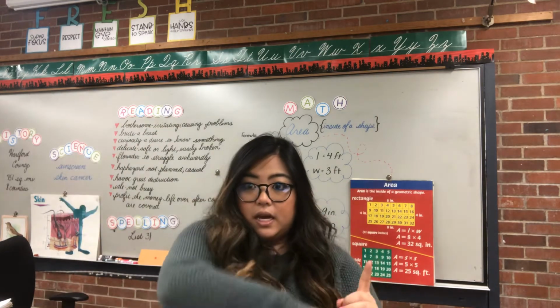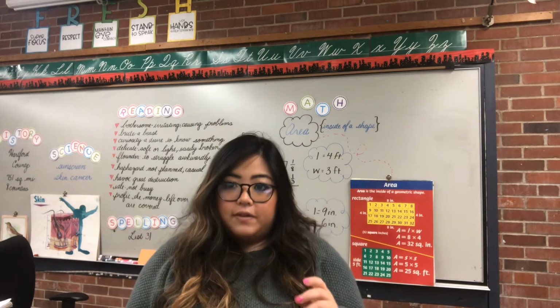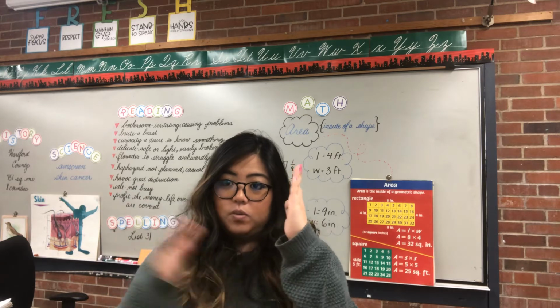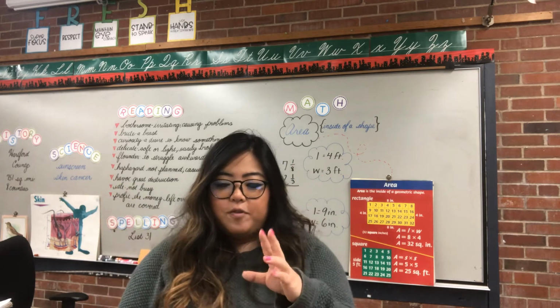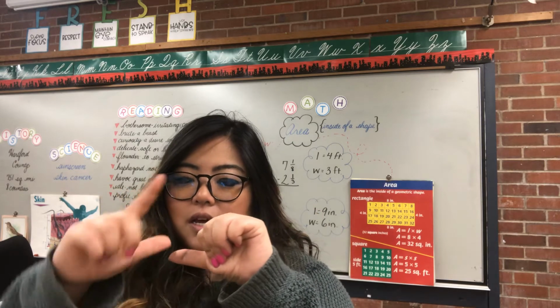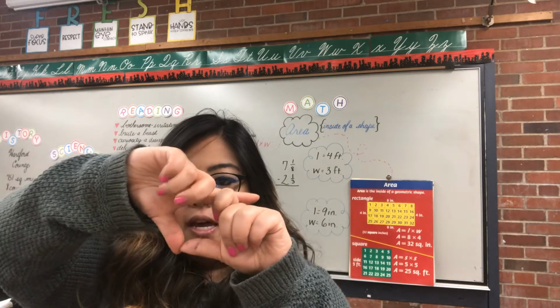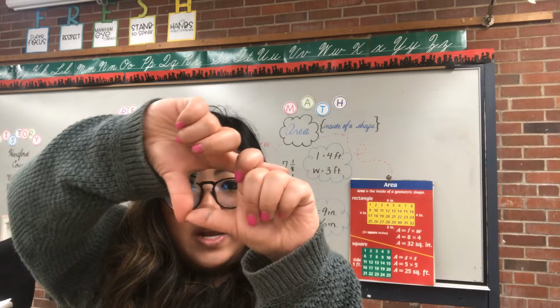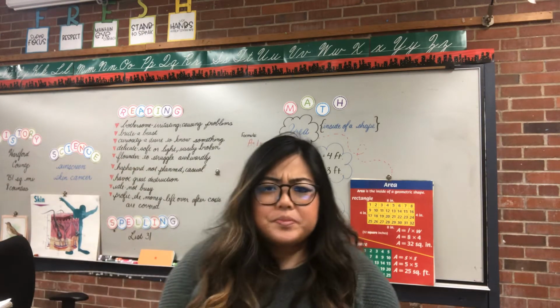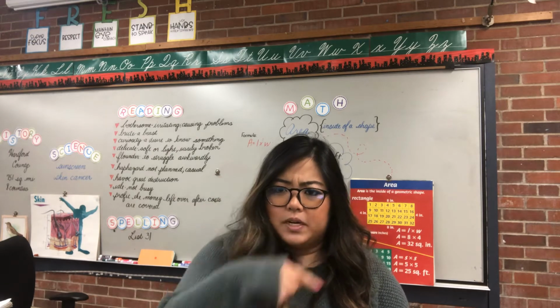That would be your square yard. So if you have a square foot, it would be 1 foot, 1 foot, 1 foot, 1 foot. If it were a square inch, you would have 1 inch by 1 inch by 1 inch by 1 inch, okay? So this would be your square inch. It's 1 inch on each side. Does that make sense?